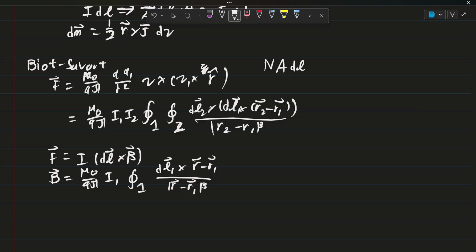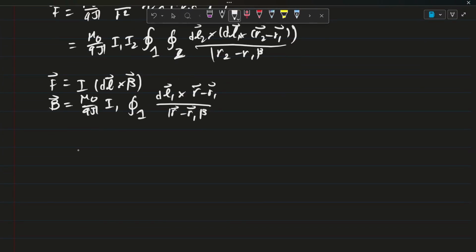So this integral form looks very complicated. Instead, we'll be using the differential form, which is mu 0 I1 over 4 pi of dl1 vector cross r vector minus r1 vector divided by r vector minus r1 cubed, like so.